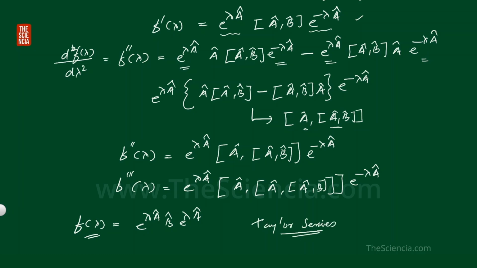That is the idea of Taylor series: if you know the value of a function at a particular position and you know all its derivatives, then you can find out that function.